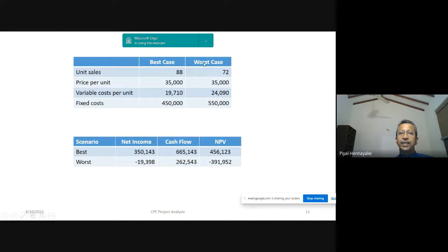Then the best case and worst case. Best case is 8872. If you give only this, it is enough. I have done the NPV calculations, but the question asks only for the best case and worst case scenarios.